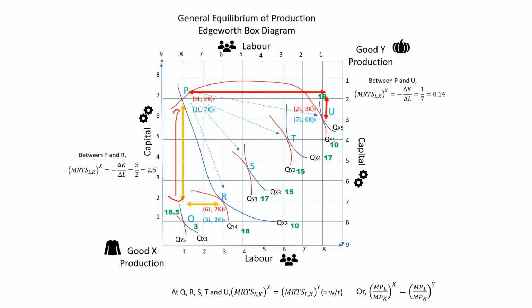The implication of this is the fact that the manufacturer of clothing, if you move from point P to point R, remains at his original level of output, which is 10 units. On the other hand, since he is sacrificing a large amount of capital for these 2 units of labor, the output of food is able to rise from 10 to 18.